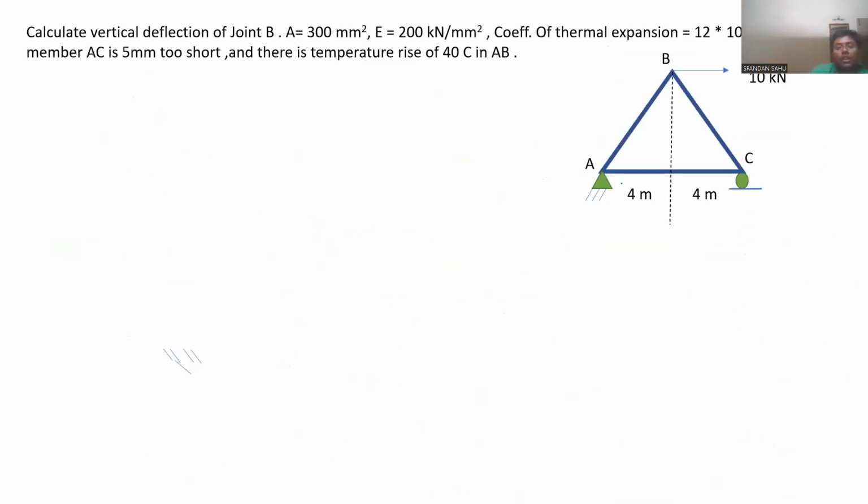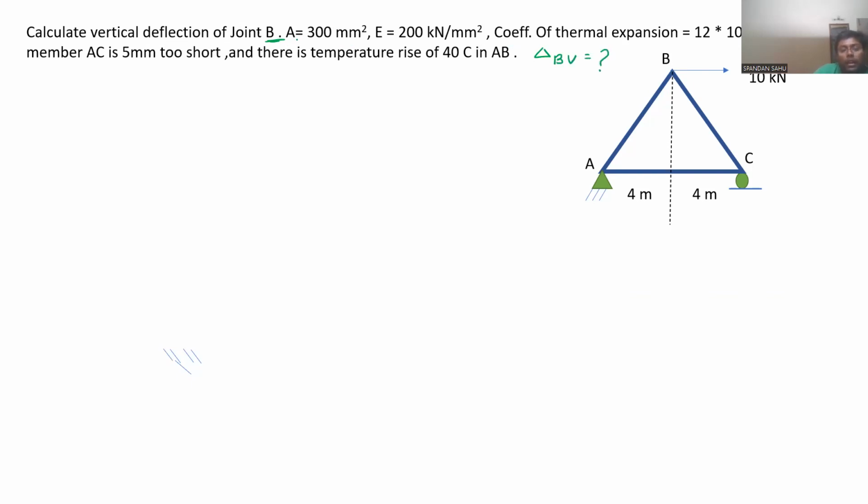So now coming to the next question. Now see in this question, we need to take all the considerations into picture. We need to find the vertical deflection of joint B. Means this delta B vertical will be how much?